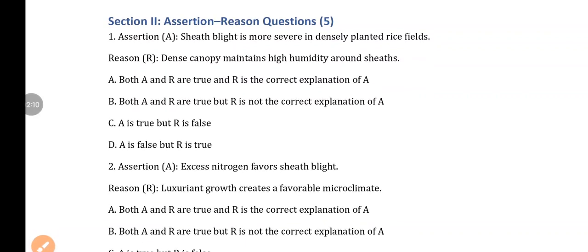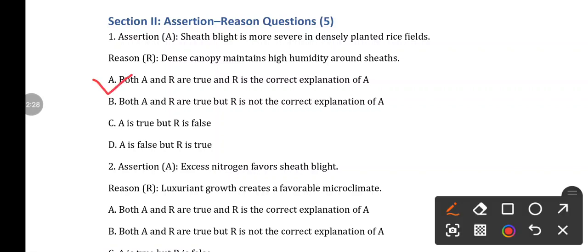Next, section 2, assertion reasoning type questions. Assertion 1: seed blight is more severe in densely planted rice field. Reason: dense canopy maintains high humidity around the seed. Both A and R are true, and R is the correct explanation of A. Next, assertion 2: excess nitrogen favors seed blight.